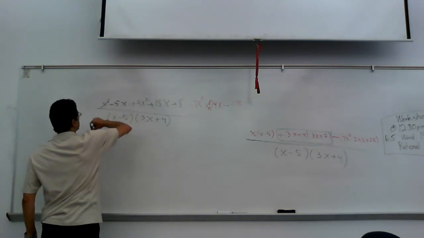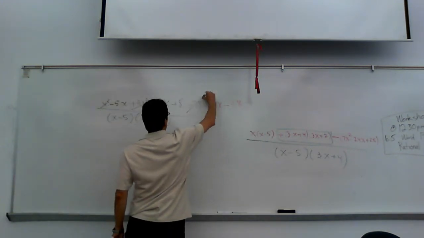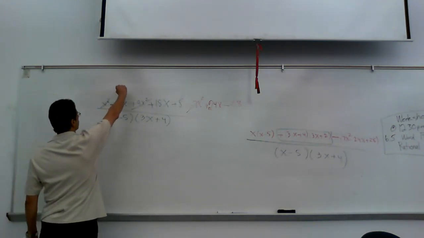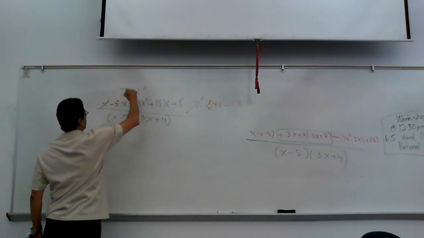x squared, 9x squared minus 7x squared is what? 3x squared. Okay.